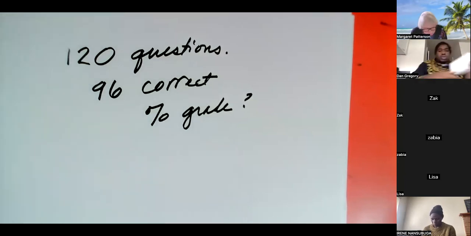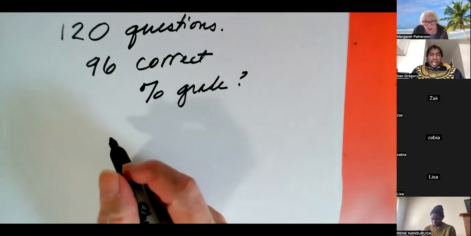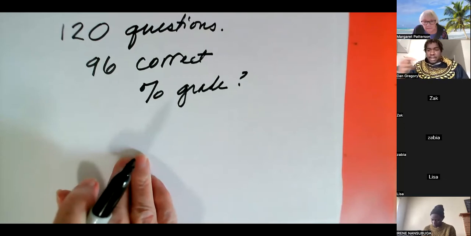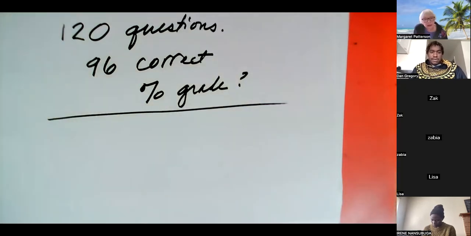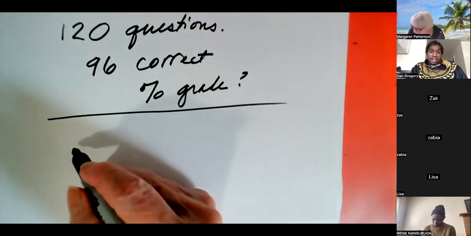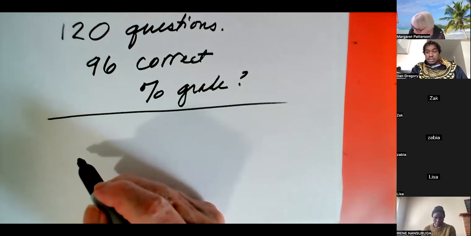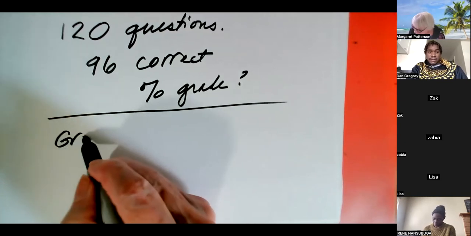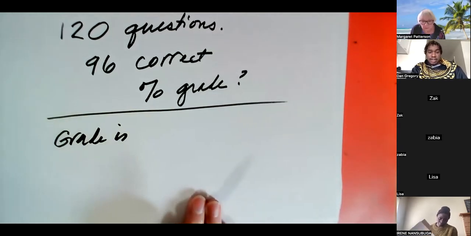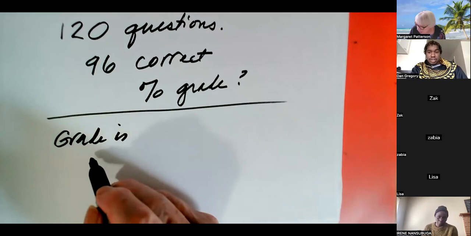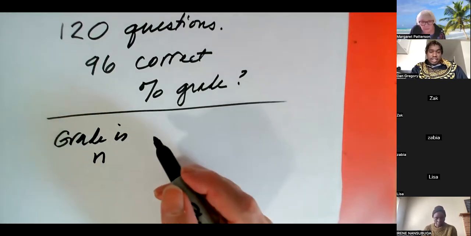Now what are we going to do? We still have to turn it into the mathematical sentence. A sentence would be good. Can you turn it into sort of a sentence and then we'll switch it to math? I'll start from the backwards. So the grade is in, right? Grade is in, and then, uh-oh.